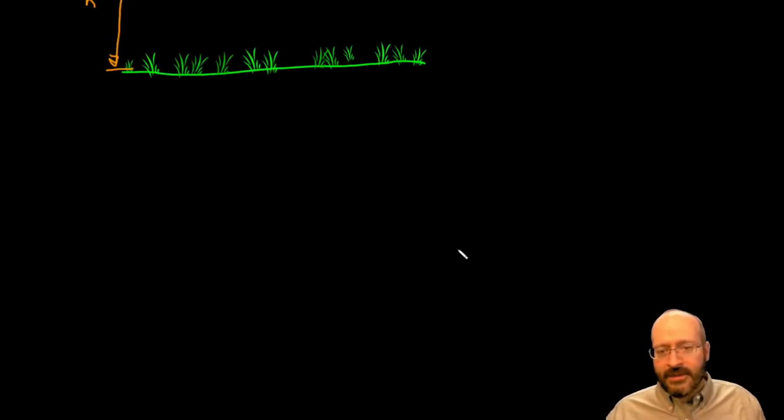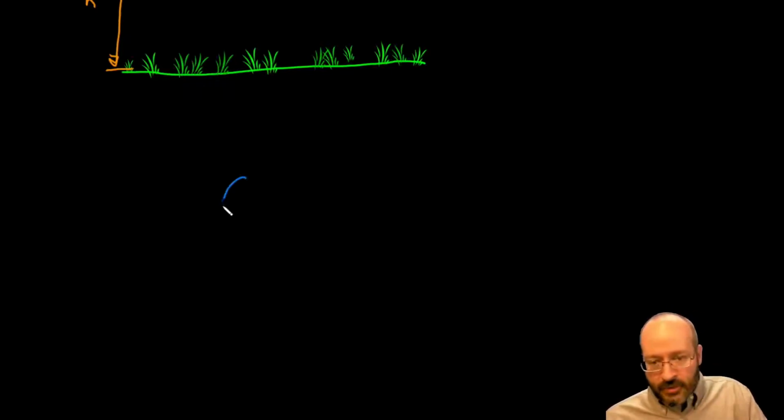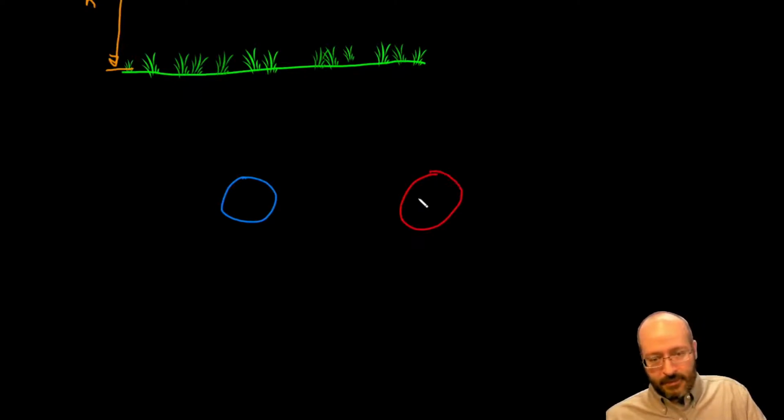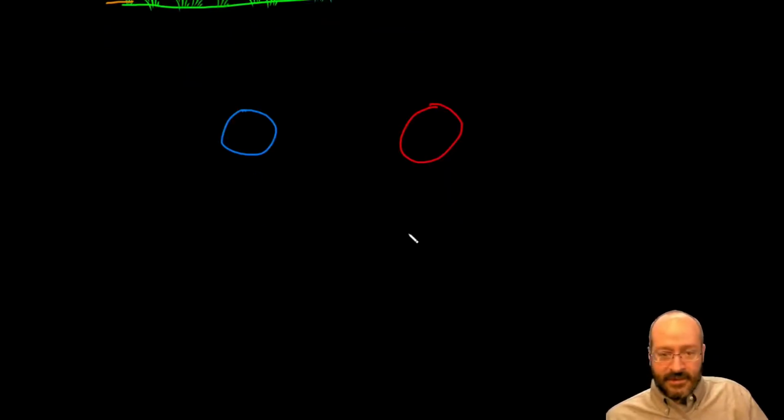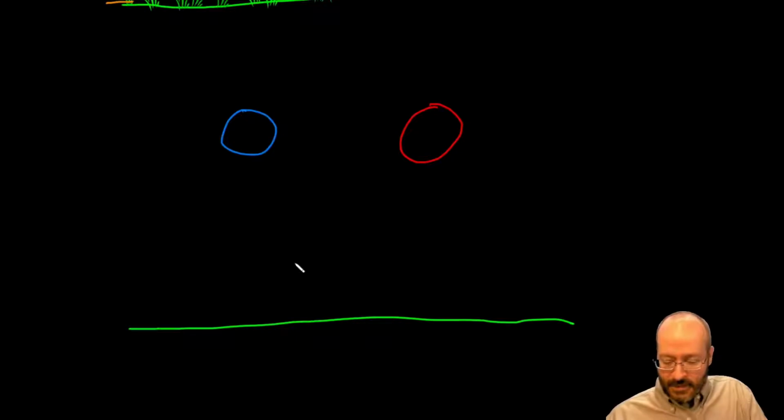Let's scroll down here and make up another problem. Let's take two balls. One's red, one's blue, and we're going to hold them at roughly the same height, and we'll get the grass again.